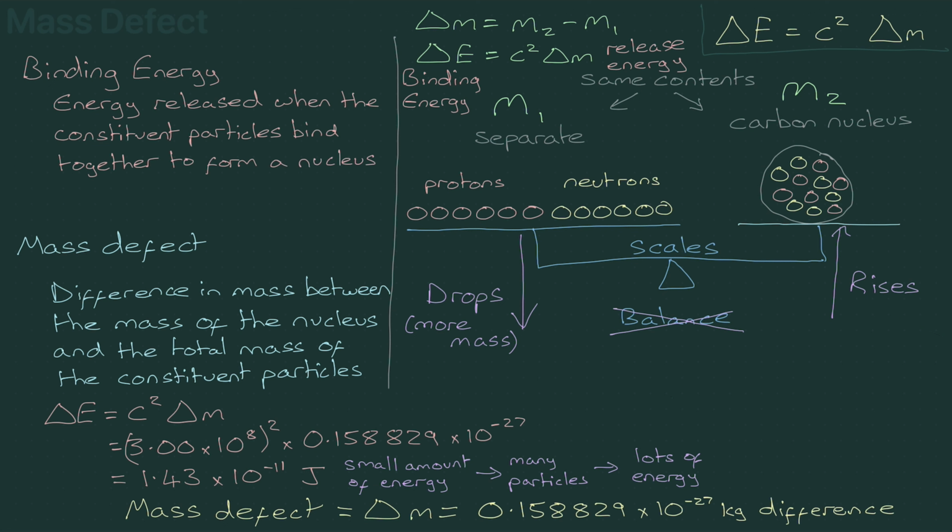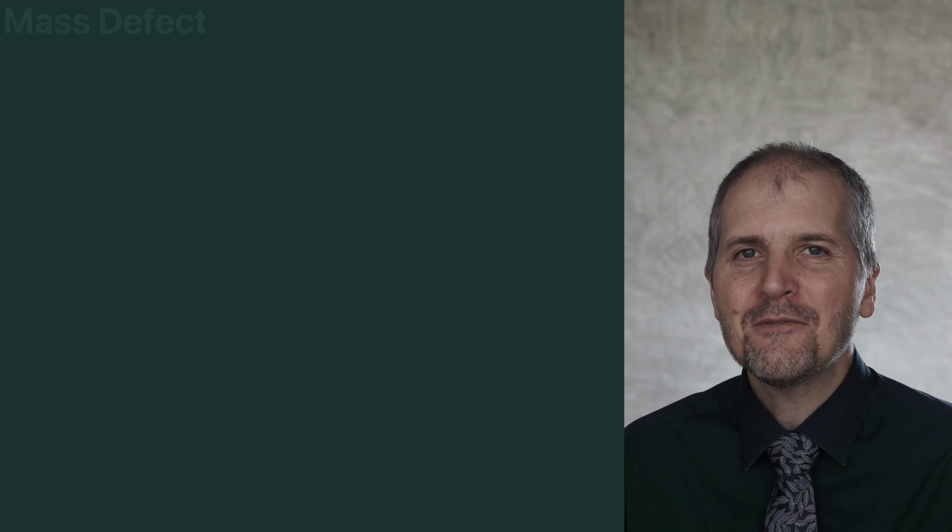And that's a good place to stop. We still have some complexities to cover regarding the binding energy, but please make sure you understand this core part of the theory first. The mass of a nucleus is less than the mass of its constituent parts.